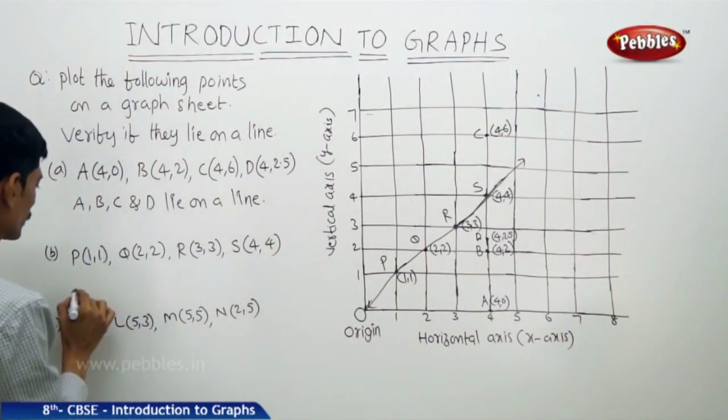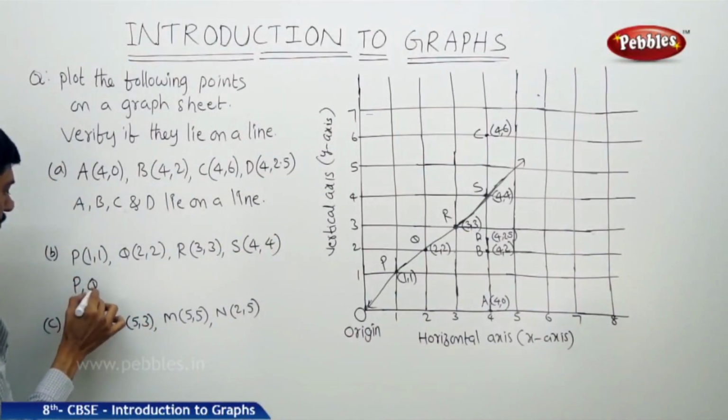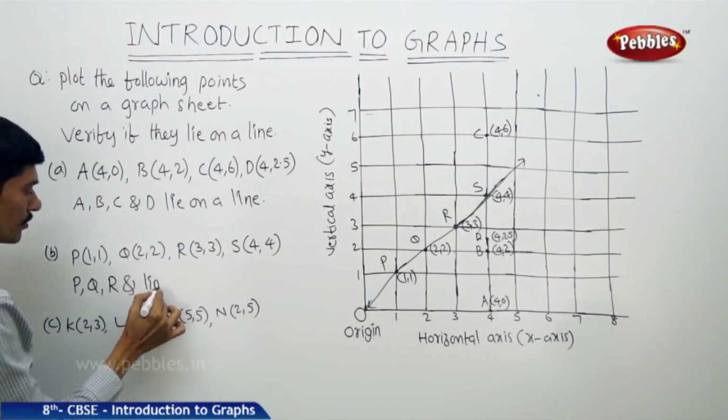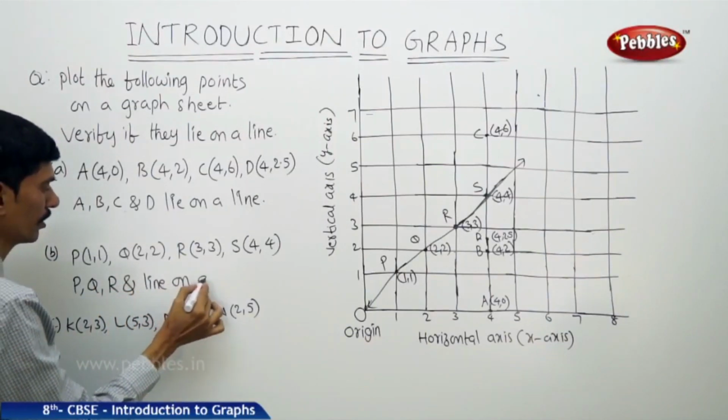So we can write that points P, Q, R and S lie on a line.